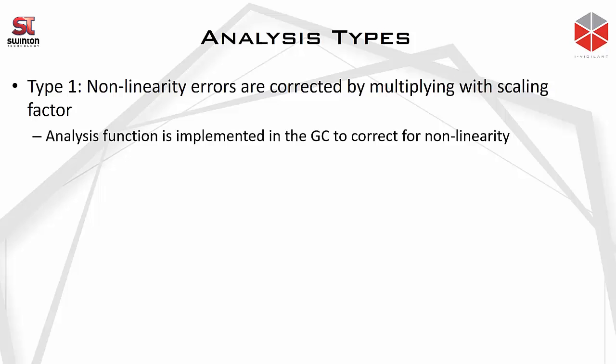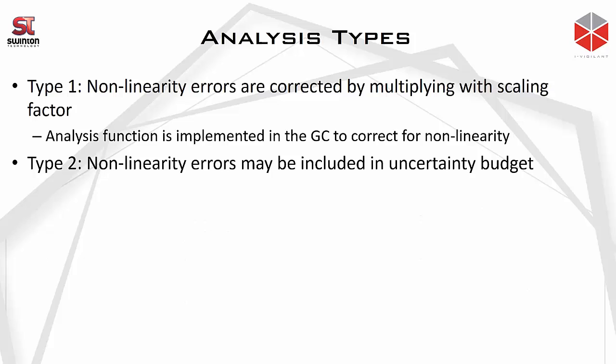So when we operate on the type 1 analysis, the composition of the calibration gas doesn't really matter that much because it will correct for the whole range. Regardless of whether your methane is 60% or 70% or 80%, it will give us the same function because it will correct for the whole range.